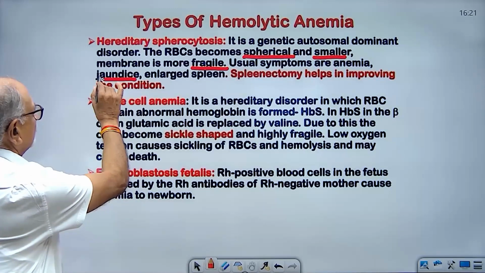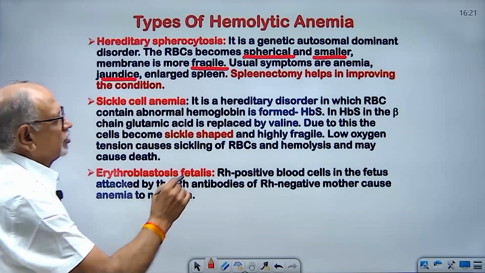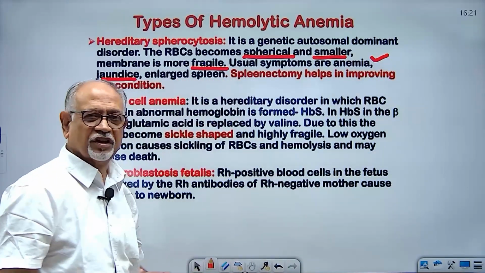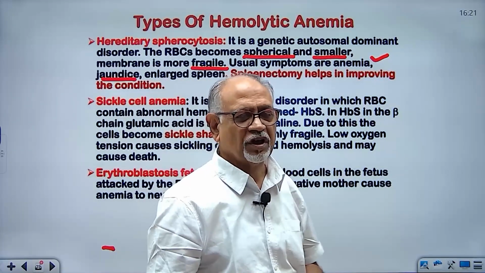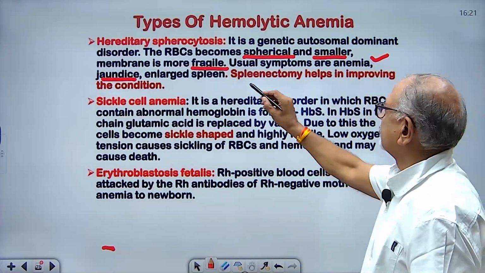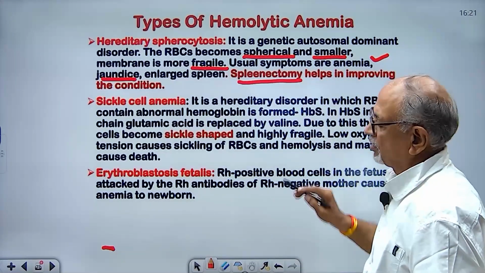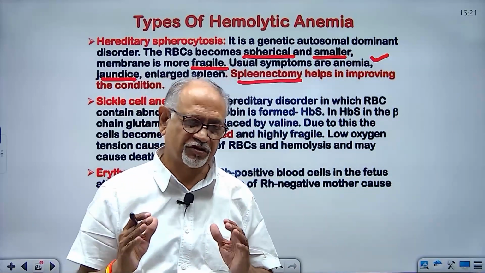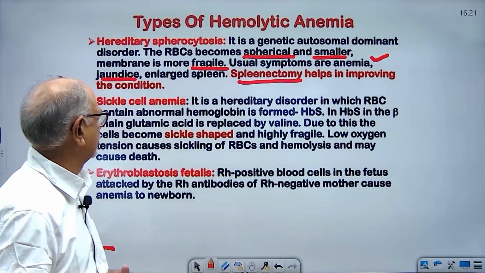There are symptoms of jaundice, there are symptoms of anemia. In such cases, the spleen is removed, a surgical procedure called as splenectomy. So, the destruction of RBCs is checked to some extent.